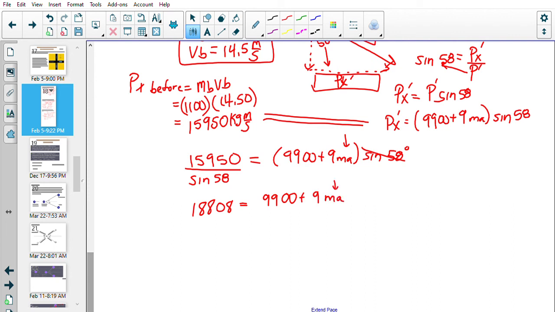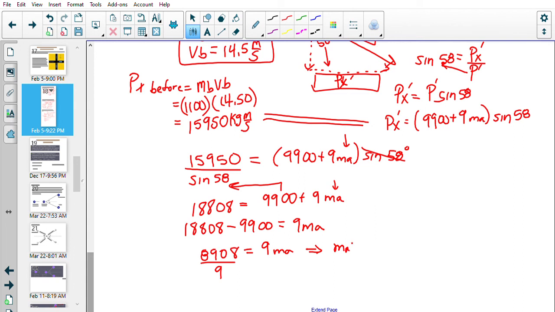Again, trying to solve for ma. So take that 9,900 to the other side. So if you take 18,800 minus the 9,900 gives 8,908 equals 9 times ma. Divide both sides by 9, and you get yourself that ma equals about 990 kilograms.